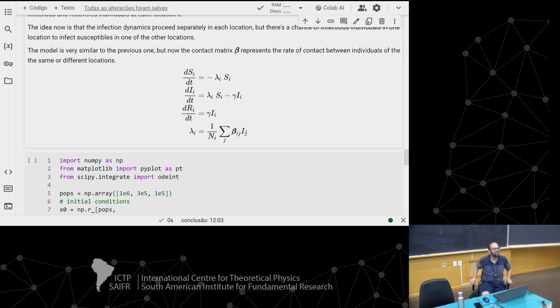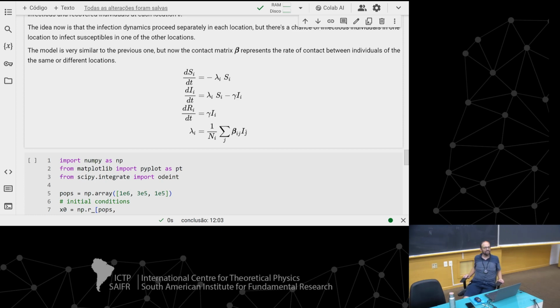In J city, it bumps with SI, with probability SI over NI in city I. Oh, yeah, that's the other way around. And it's a little bit different from the first example.